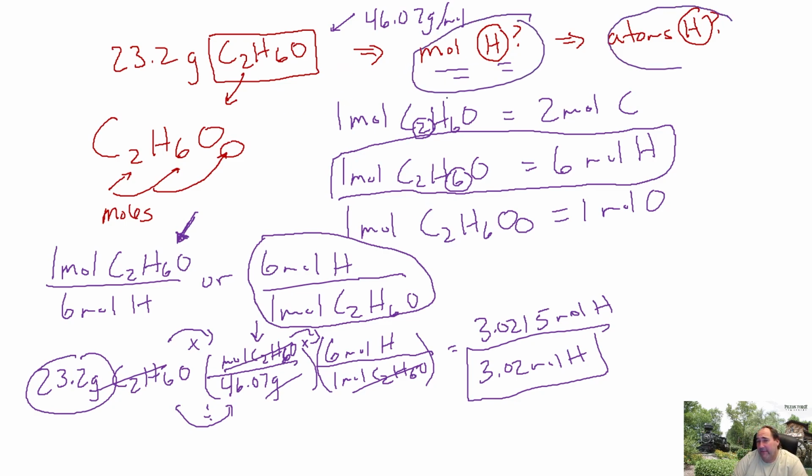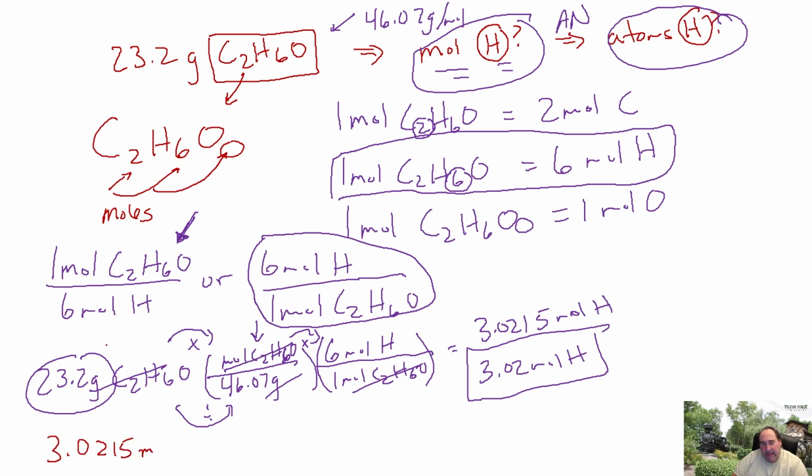Now I want atoms of hydrogen. So what is my conversion to go to atoms of hydrogen? That's the key word: atoms. So just like before, now I can use Avogadro's number. To use Avogadro's number here, I'm going to take the number I just got, 3.0215.